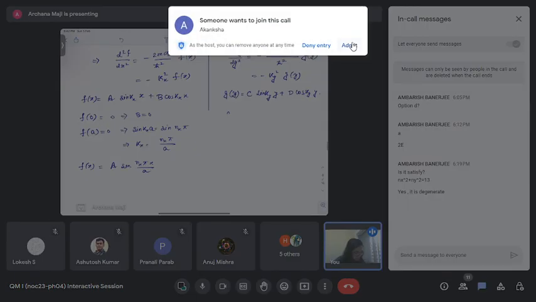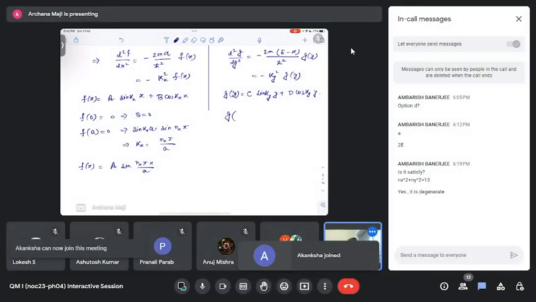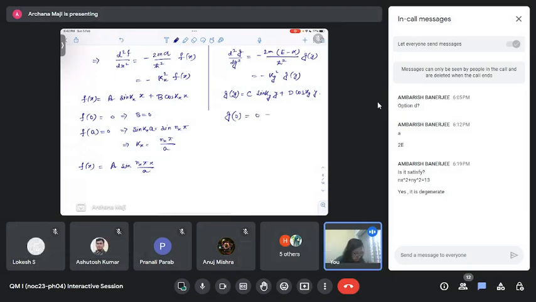Likewise, the same boundary conditions you need to put for g of y. So g of 0 equal to 0 would imply d is equal to 0, and likewise when we consider g of a equal to 0, that would give you ky is equal to ny pi over a.